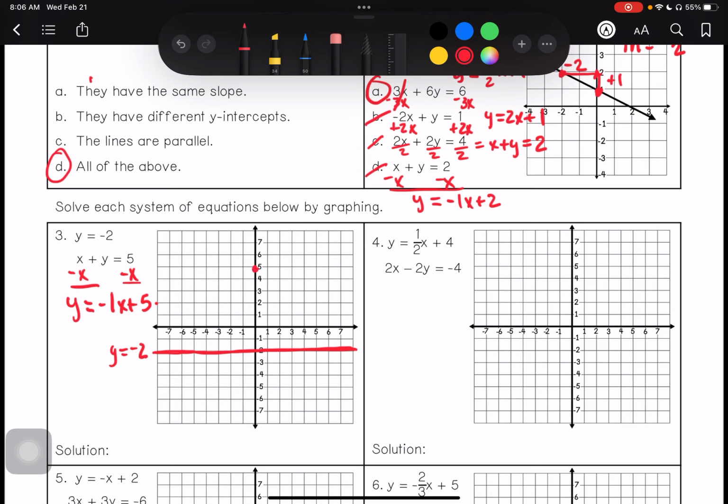My y-intercept is 5. My slope is -1, so that's down 1 to the right. I'm going to keep going down 1 to the right till it intersects. This is my point of intersection. So my solution is 7, -2.